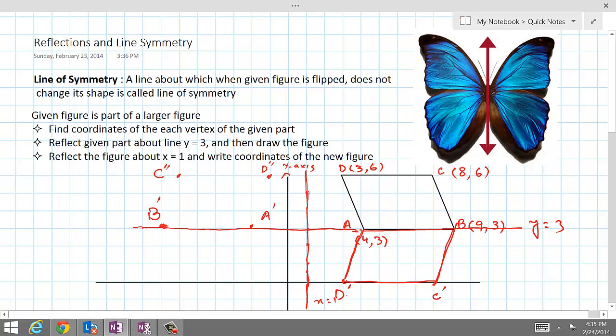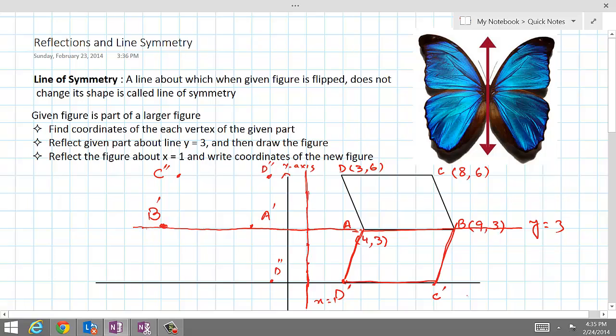Now D is 2 units toward right. Therefore, D double dash will be 2 units toward left. So that would be right here. That would be D double dash.